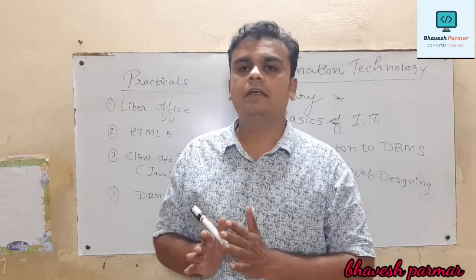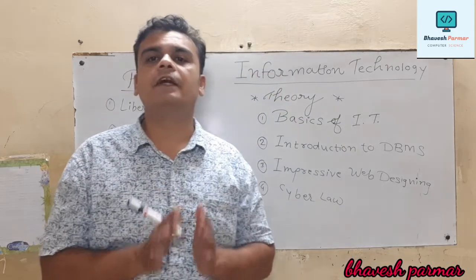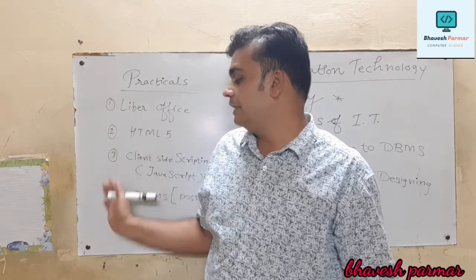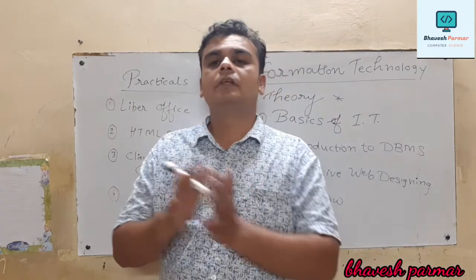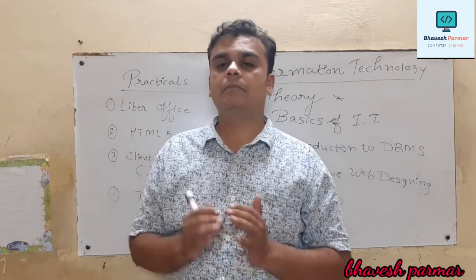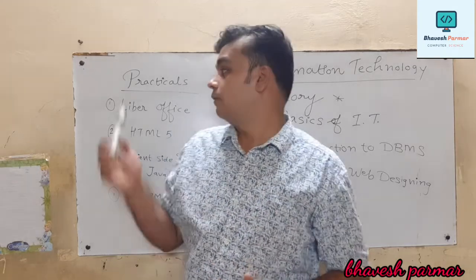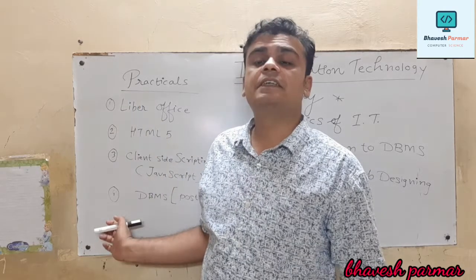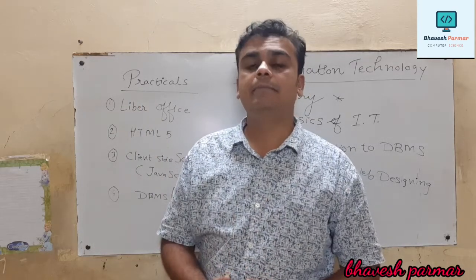So in theory we have to study 4 different lessons and in the practical session we have to study 4 different concepts. These concepts are related to practicals, but if you see the textbook from the skill oriented program point of view, there are 6 different concepts mentioned.